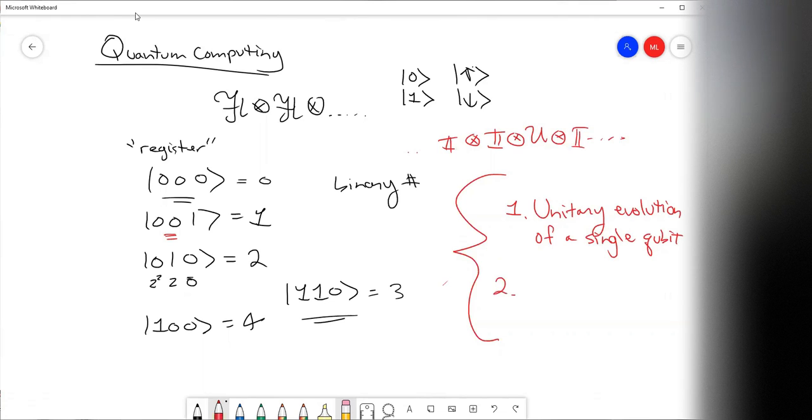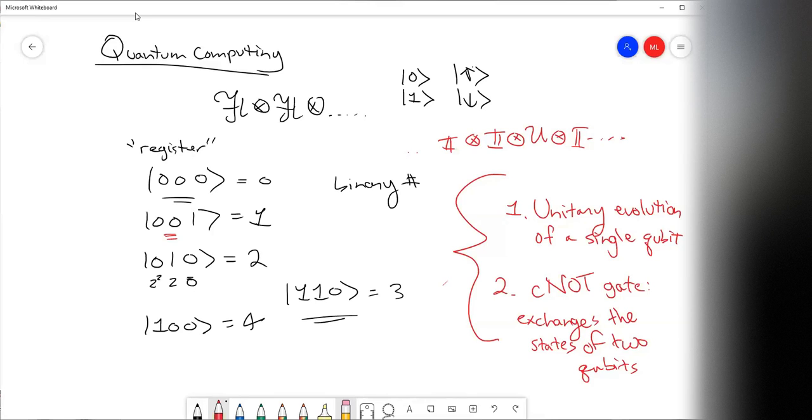And the other operation is a CNOT gate. It just exchanges the states of two qubits. And literally any quantum computing algorithm you can break down to just these steps.